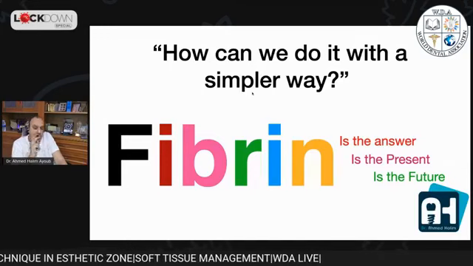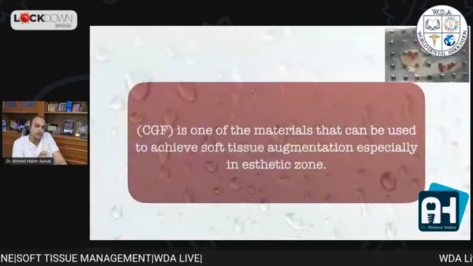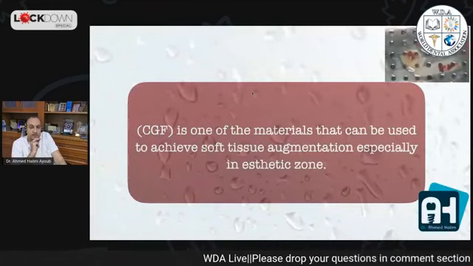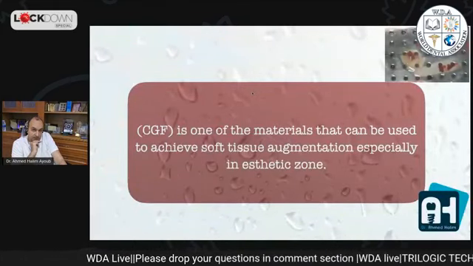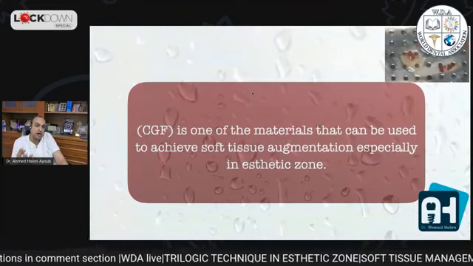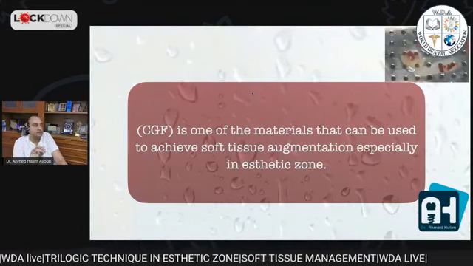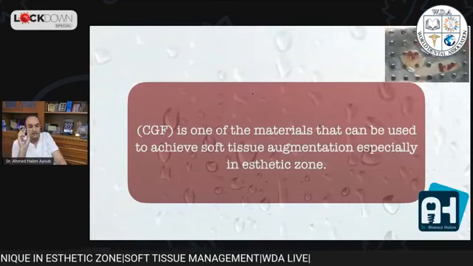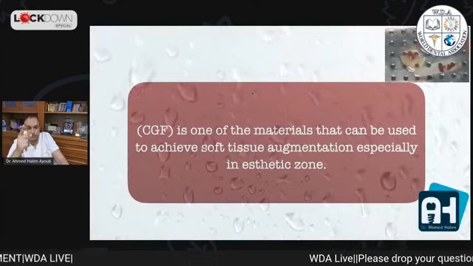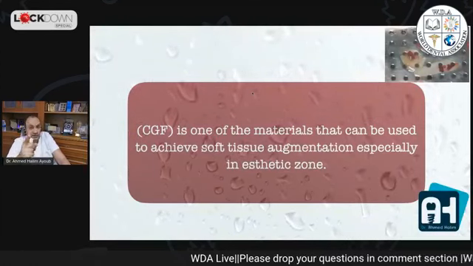How can we use fibrin to increase the soft tissue thickness around a dental implant? I'm using CGF. I used to use PRF a long time ago, but nowadays I'm using CGF. CGF is an abbreviation of concentrated growth factors, and it is one of the materials that can be used to achieve soft tissue augmentation and increase the thickness of soft tissue, especially in the aesthetic zone.